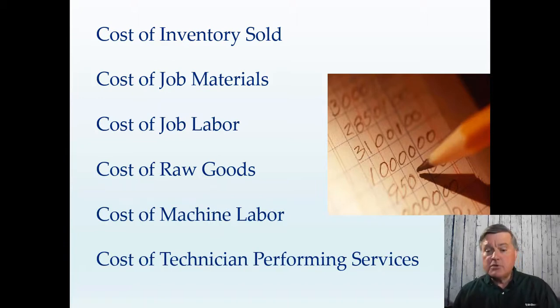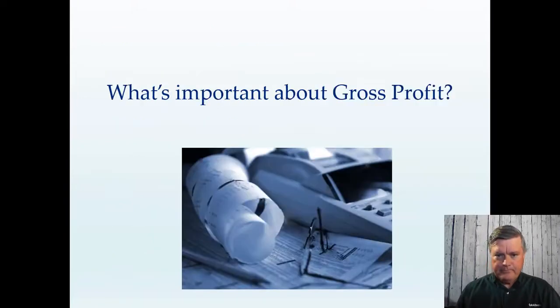If I was a machine shop, I have the cost of the raw goods going into my projects, plus the cost of the shop floor labor. If I have technicians out in the field making repairs or doing testing, the cost of that technician performing those services is a direct cost and becomes a cost of goods sold in QuickBooks.